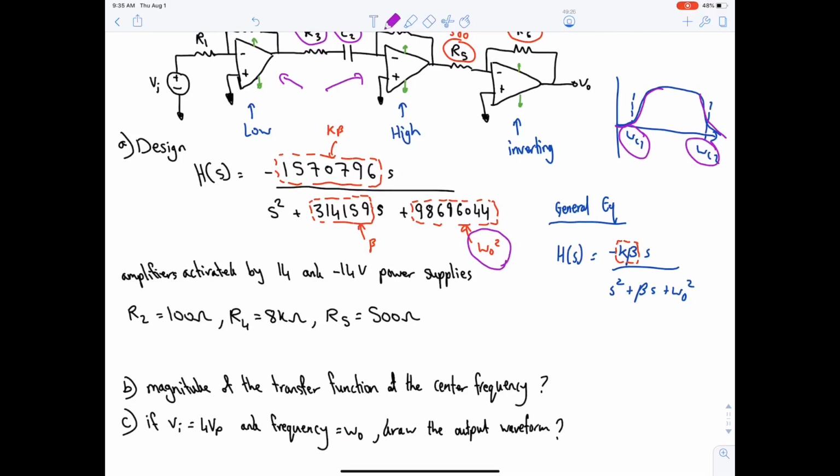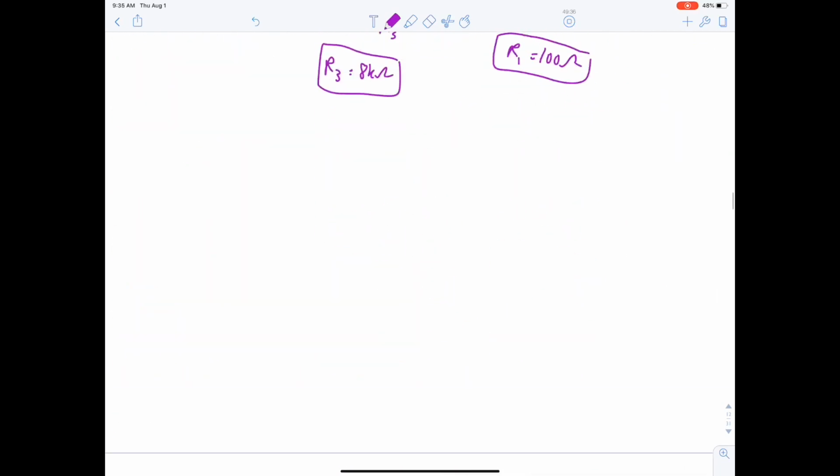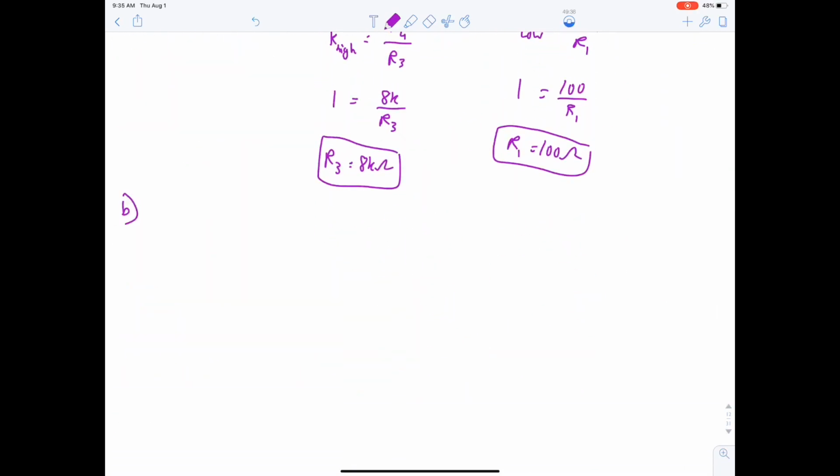Part B says find the magnitude of the transfer function at the center frequency, at omega naught. What is the magnitude at omega naught? Let's figure it out. In order to solve it, you have to sketch the active bandpass.